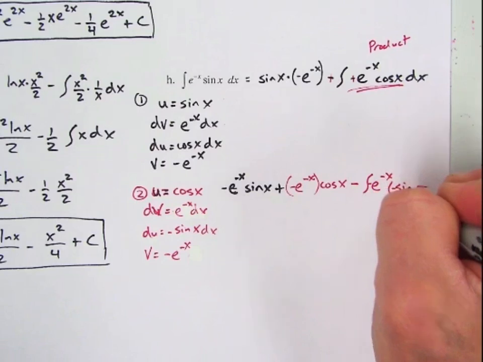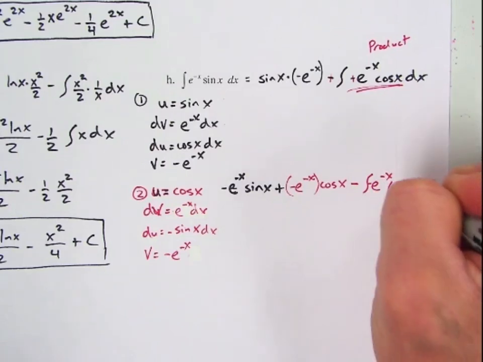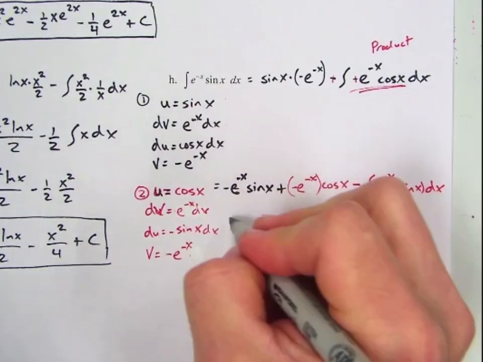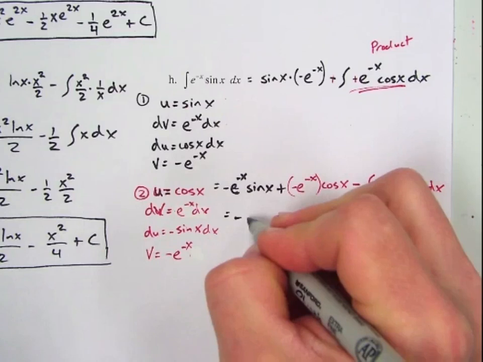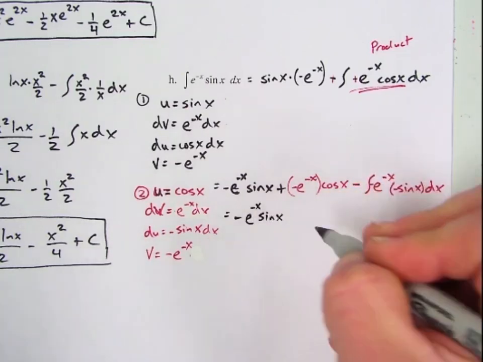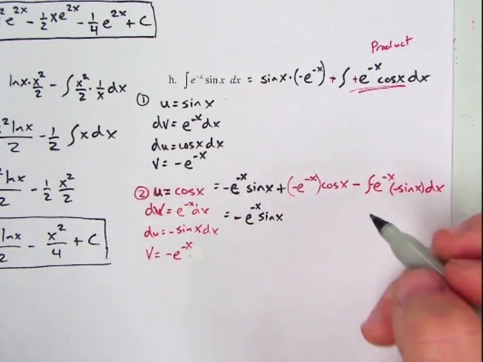The negatives cancel out and you have a loop again. Let's rewrite this. Oh boy, it's the third time. This pattern never ends.